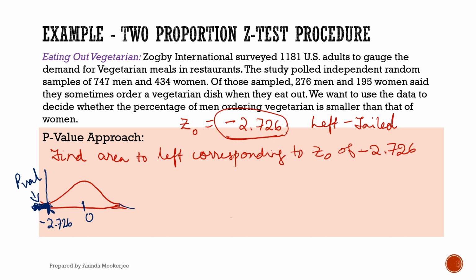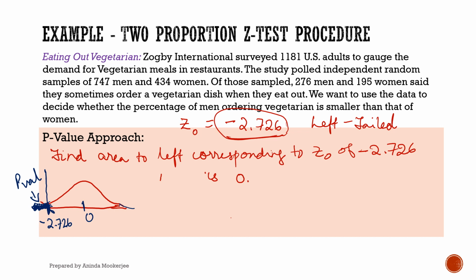So this is area to the left. We can look up our table and get that area. We don't need to subtract it from 1. We need to do that only if it is area to the right, correct? So here we just need area to the left, and if you look up your table, you will come up with area to the left of minus 2.726 is a very small area, because 2.726 is almost close to negative 3, right?